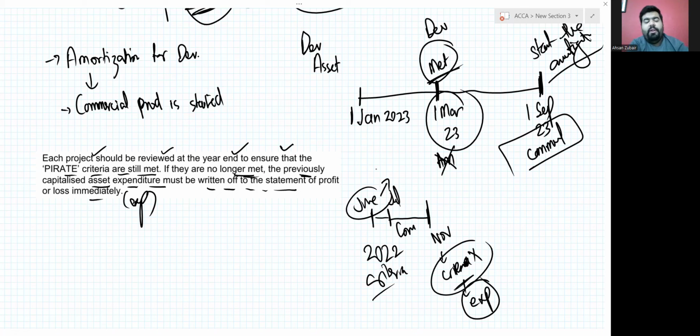That is the point written here: it will be reviewed each year, and once you ensure that the criteria are met, then it's okay. If even one point is not met, then all the capital expenditure, meaning the asset value you have written for the development, will be written off as an expense in SPL. So this is something important.